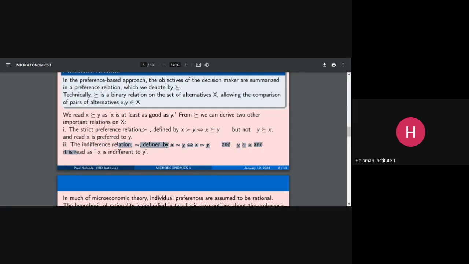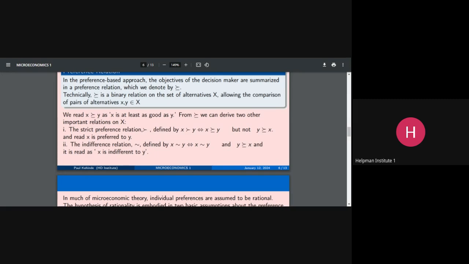In the case of indifference, we can also derive indifference from this relationship. The indifference relation symbol looks like theta or looks like a tit, but it is not. It is the indifference relation. If X is indifferent to Y, what does that mean? We have challenges distinguishing Y from X or X from Y. They are virtually the same.